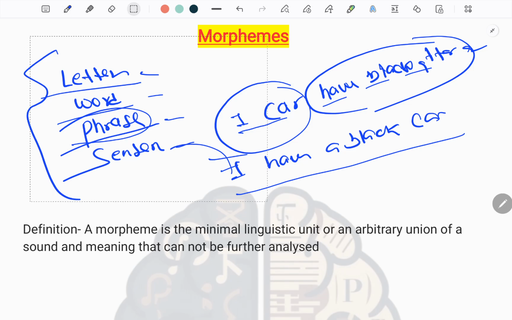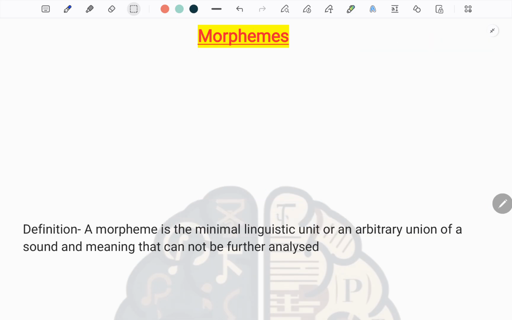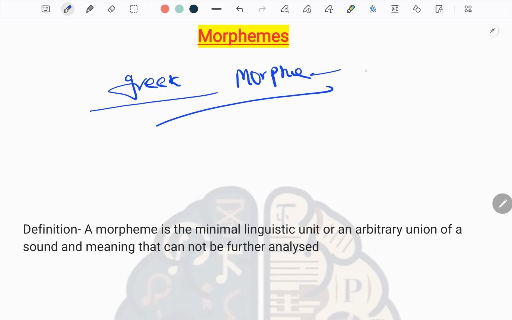Now, just come to the point. According to morphemes, what is a morpheme? A morpheme is derived from the Greek word morphe, which means form.